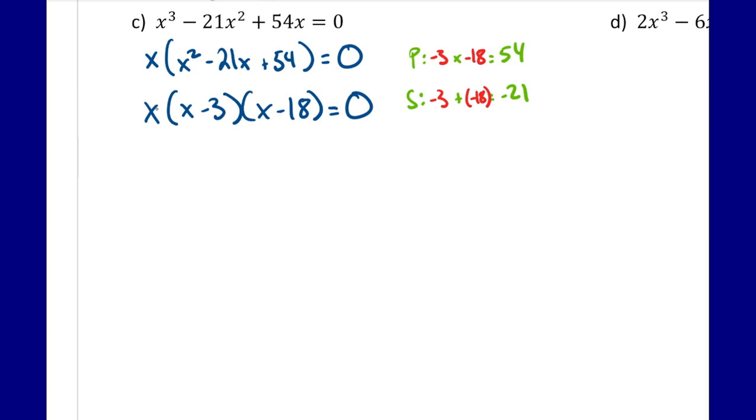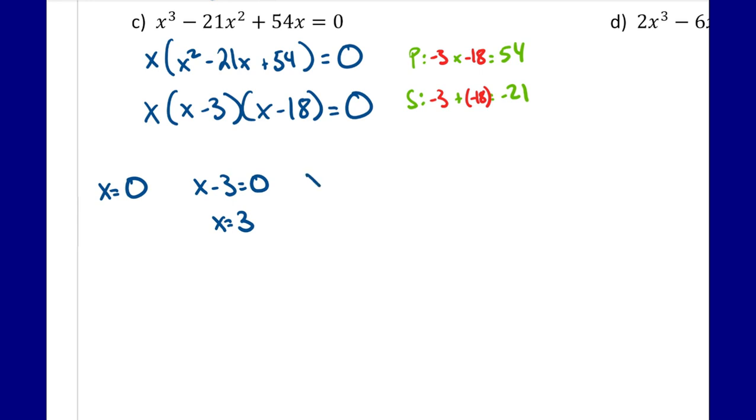So I'm going to set all three of these equal to 0 separately and then solve. First one's easy: x equals 0. I've solved it. Next one, x minus 3 equals 0. This one is one extra step. Move the 3 over, and x equals positive 3. That's another solution.